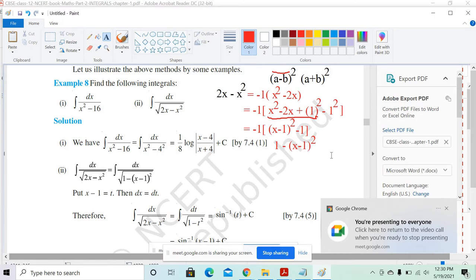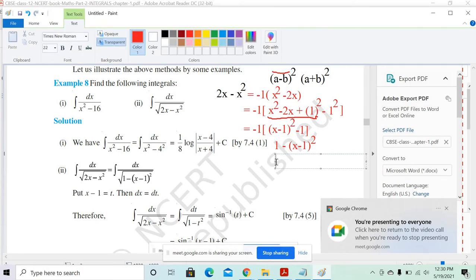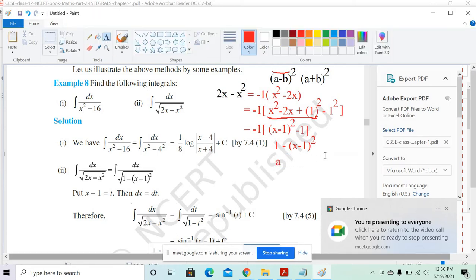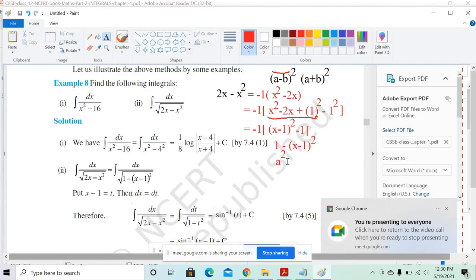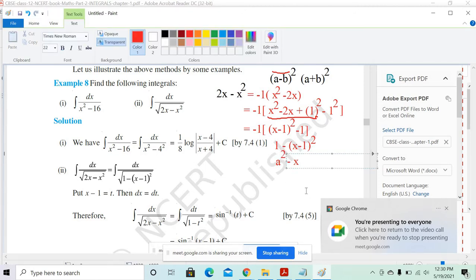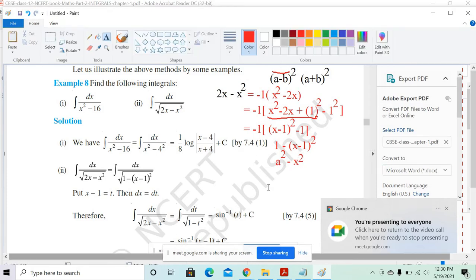So the entire 2x minus x square can be written in this form: 1 minus x minus 1 whole square. This can be in the form of a square minus x square format. Anyway, the root is there, so you will get the square root of this format. Clear or not? Yes, sir.